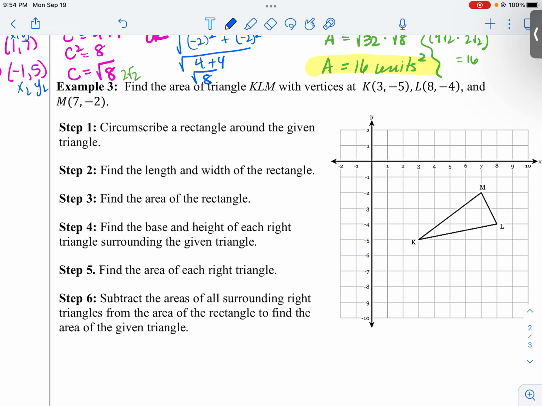So now we're going to do a triangle. And this time, I don't have a base and a height. So first we're going to circumscribe a rectangle around the triangle.